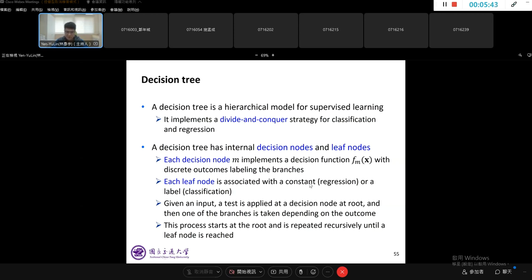So each leaf node for regression is associated with a constant. This constant is used to indicate the regression result, a real value result. For classification, each leaf node is associated with a class label. So we can realize the category that the input data point belongs to.